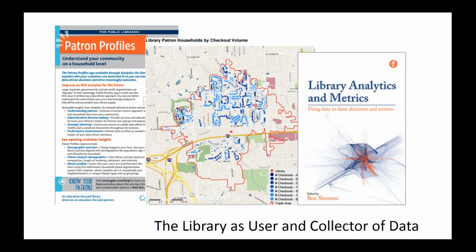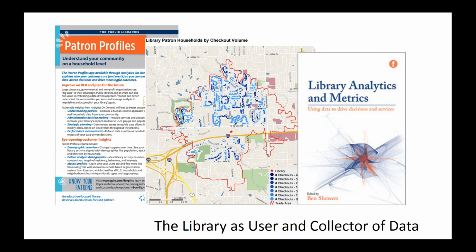And another emerging challenge to patron privacy is the library's own collection, use, and analysis of patron data. Libraries' technical capabilities to collect and analyze usage data have expanded rapidly with the new digital systems, but these abilities have sometimes seemed to outpace the ethical conversations surrounding this type of data collection and use.